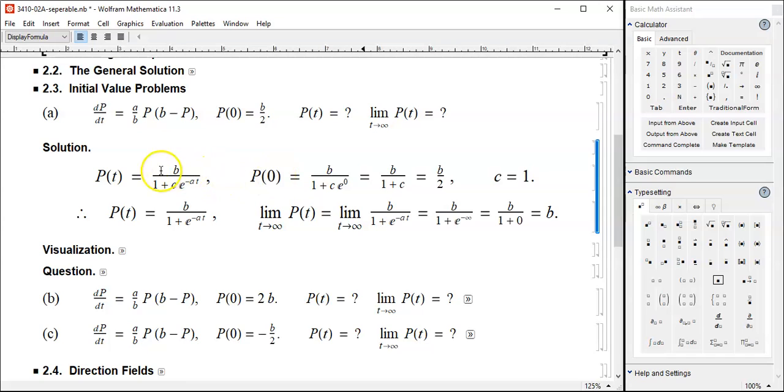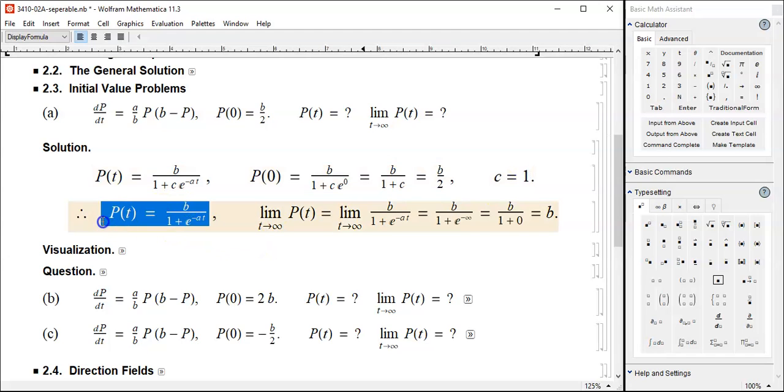So the general solution is here, and then plug in t equal to 0, that's equal to b over 2, so we have this equation. C times e to the 0 power is 1, so c equals 1 here. Therefore, we have this solution here, b over 1 plus e to the negative at power.